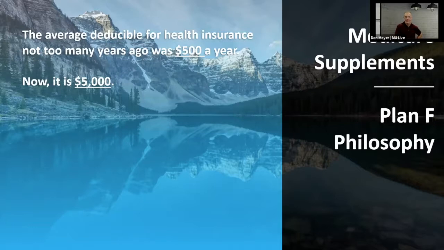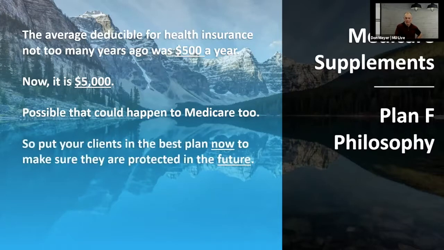So I know what the ACA plans did to the Medicare Trust Fund, and I'm concerned about the Medicare Trust Fund, and I do anticipate that in the future, these Part B deductibles are going to go up, and that could happen to Medicare too. So put your clients in the best plan now to make sure they are protected in the future.